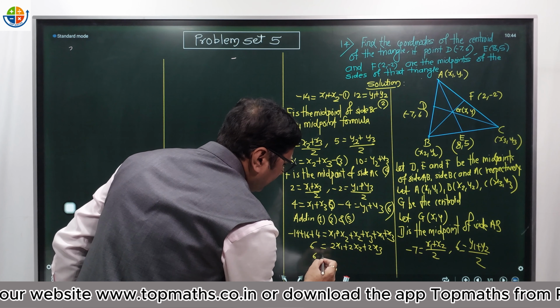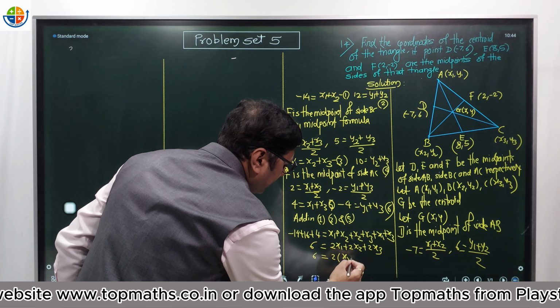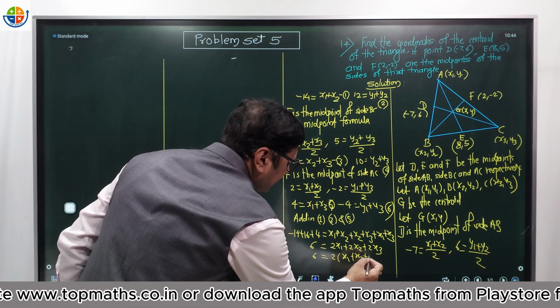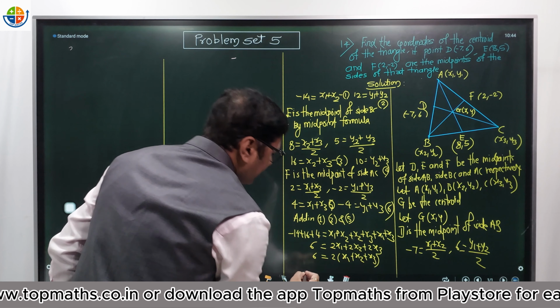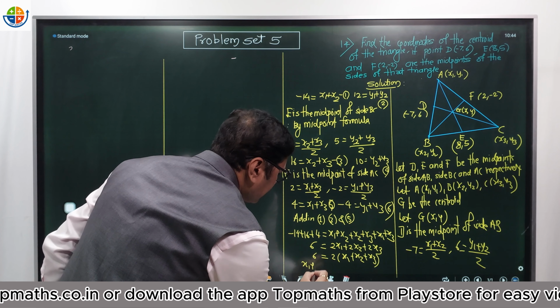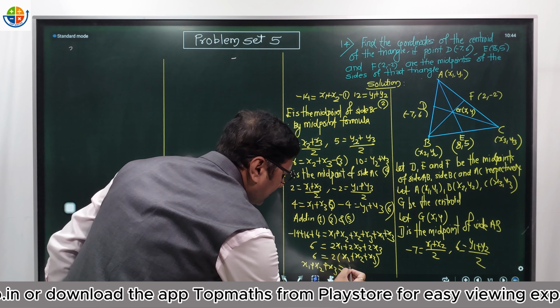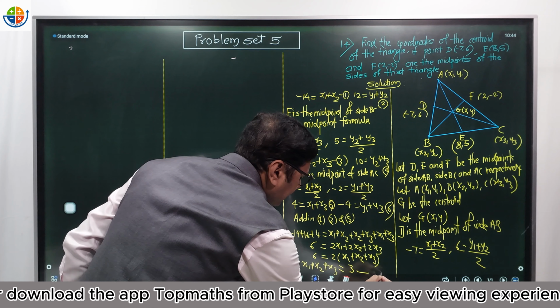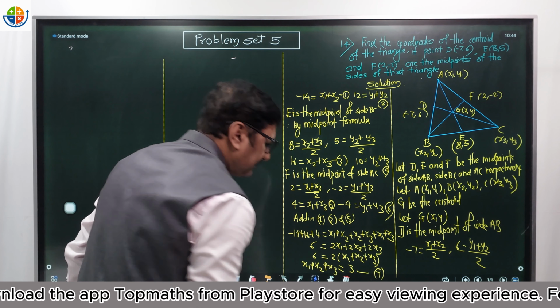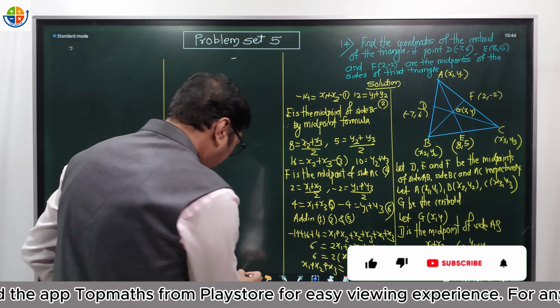Take 2 common. x1 plus x2 plus x3 का वैल्यू आएगा 6/2 मतलब 3. Suppose this is equation number 7, students. ठीक है?